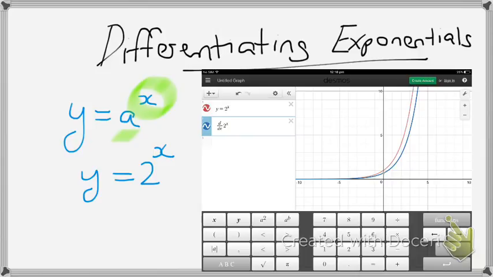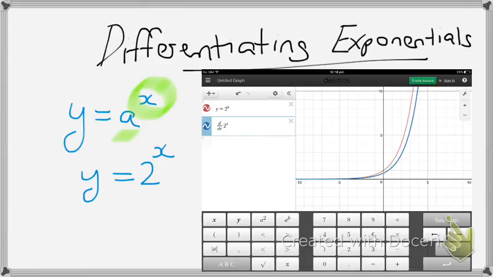I want you to notice the shape. Hopefully you believe me when I say that the shape is essentially the same, except it's a bit below. That's nice. I wonder if we can do anything with it.